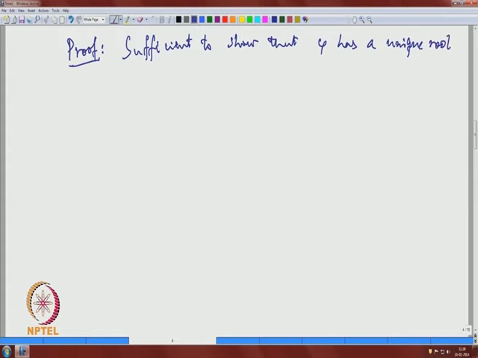Okay. So, if you just recall the conclusion of theorem 1, the BVP will have as many solutions as the roots of phi. So, if we show that phi has a unique root, then BVP will have unique root.